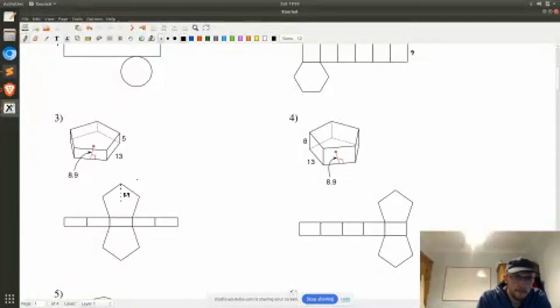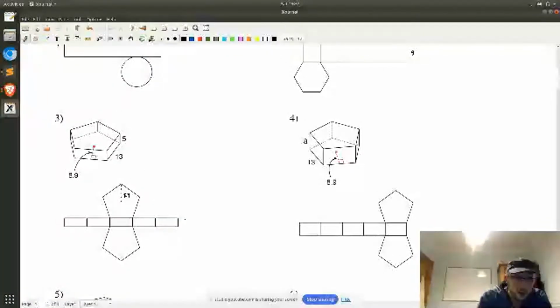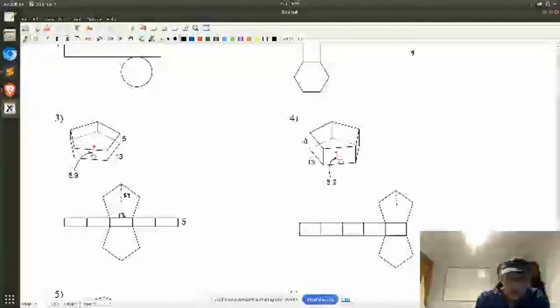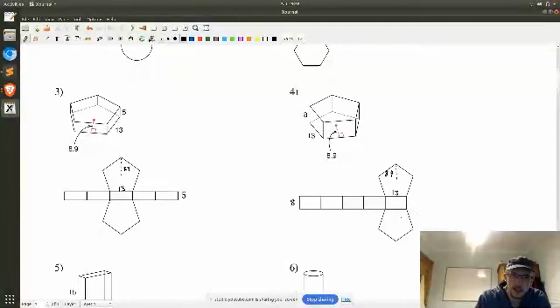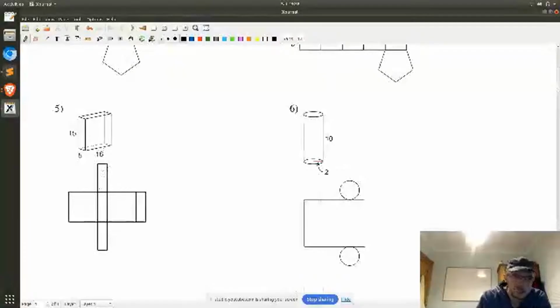8.9 is 5, and the side length is 13. The height is 8, and the side length is 13. All right, so 5 can go there, quite nice. 16 can go there, and 15 can go there.